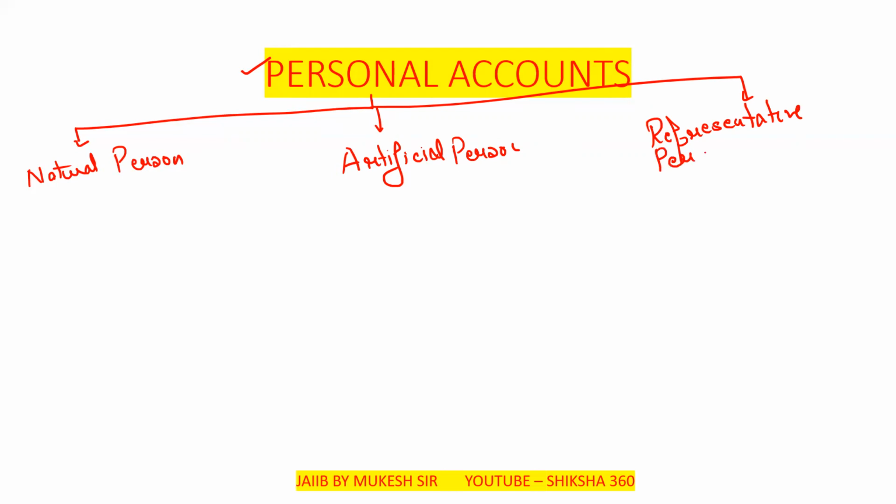So personal account is classified into three parts: natural person, artificial person and representative personal account.